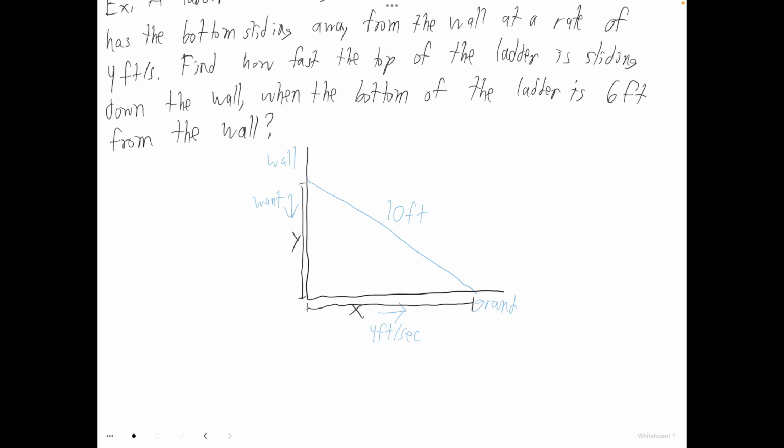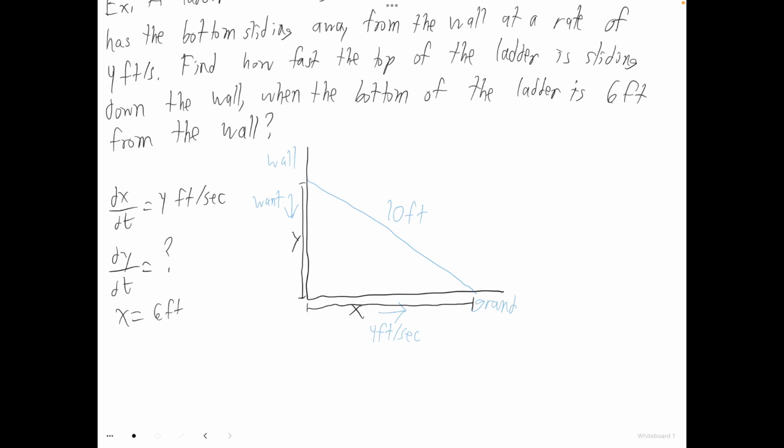And so we're told that we're sliding away from the wall at a rate of 4 feet per second. So dx/dt must be 4 feet per second. And we want to know how fast we're sliding down the wall, so we want dy/dt. And we care about that when x is 6 feet. So we care about it when we're 6 feet away from the wall.